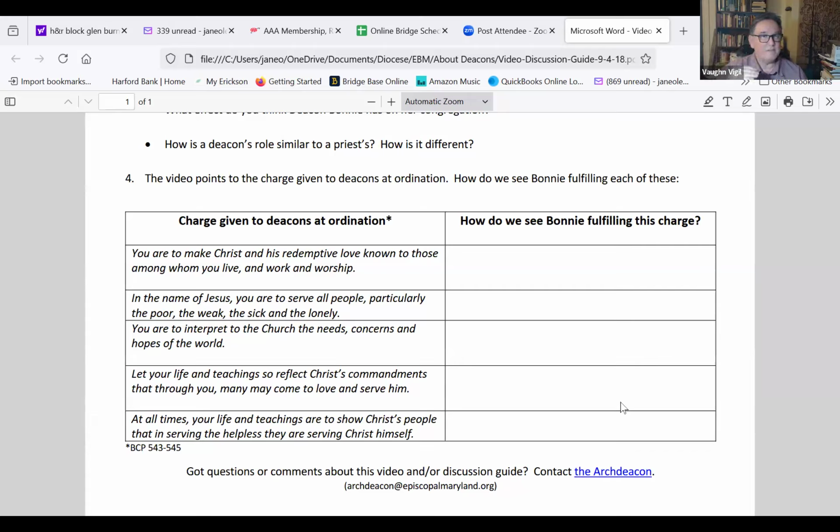But I think the opportunity to bring that up over and over helps say to the congregations, to the people, I'm here to help you meet the needs that the world has.